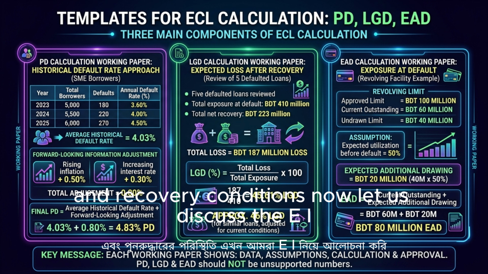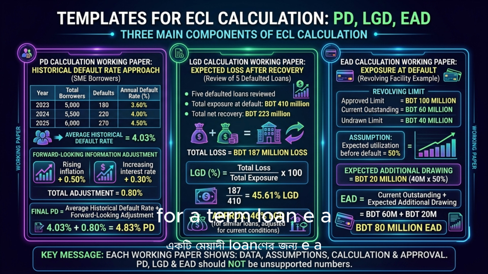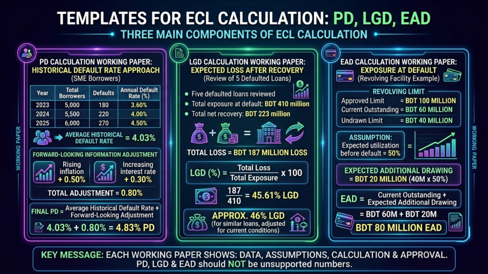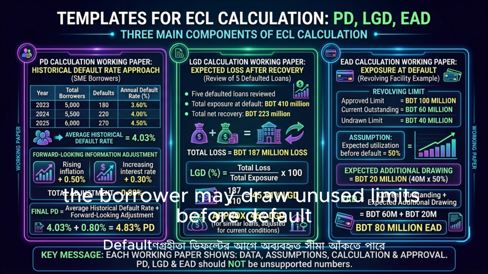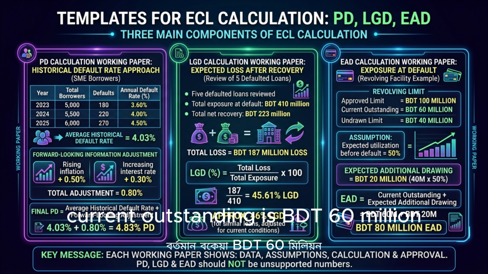Now let us discuss the EAD calculation working paper. For a term loan, EAD may be the outstanding balance. But for a revolving facility, the borrower may draw unused limits before default. Assume approved limit is BDT 100 million. Current outstanding is BDT 60 million.